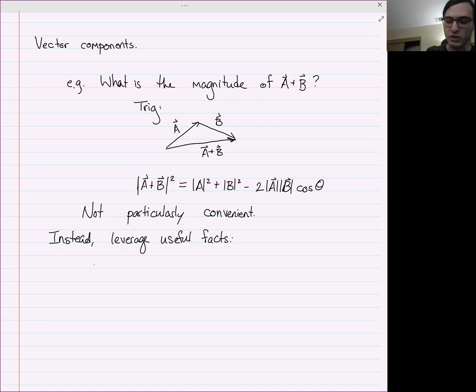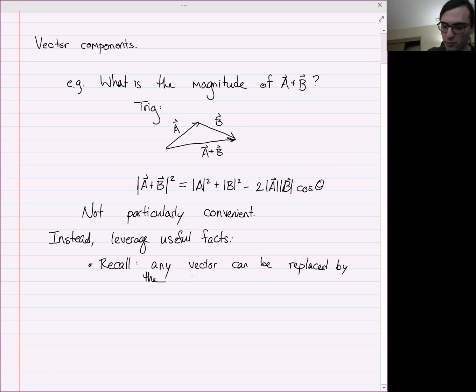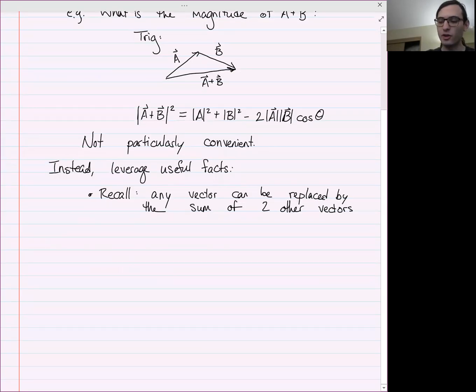So first, note that any vector can be replaced by the sum of two other vectors. The example I'm thinking of here is, let's say you have a vector like this.